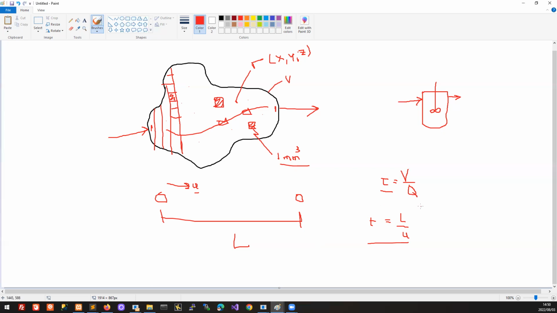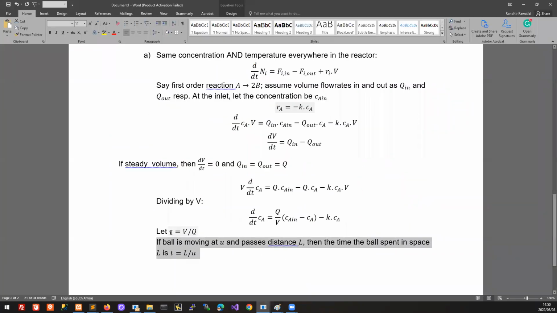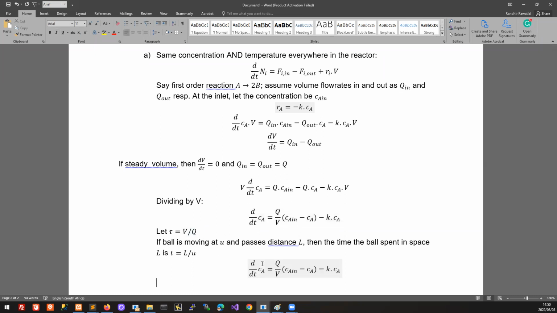For now, we take an intuitive approach and say that, by analogy with velocity, this seems to be the average time the fluid is spending there. That's our tau, V over Q. Here we actually have Q over V, so the equation we have is 1 over tau and all the rest of it.